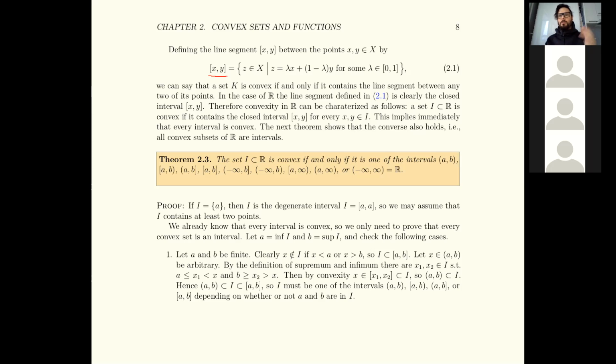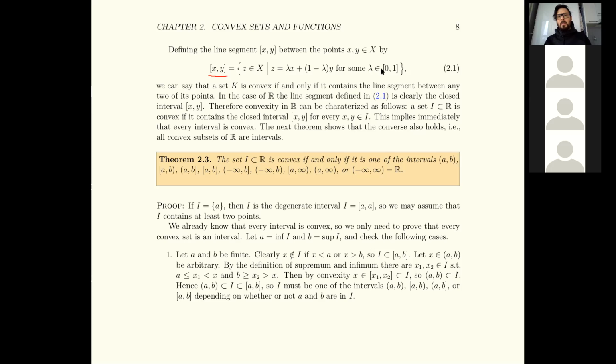That includes 5, 6, and any number between. We generalize this to all vectors in the following way. You have all the vectors Z that are expressible by taking lambda times X plus 1 minus lambda times Y for some lambda from 0 to 1.